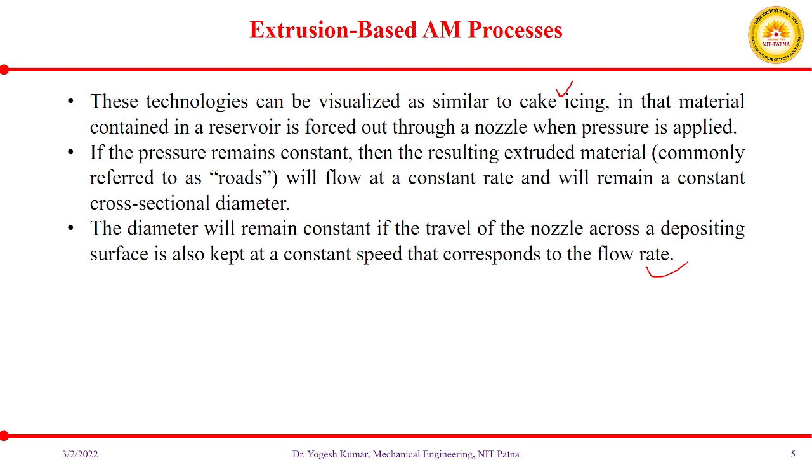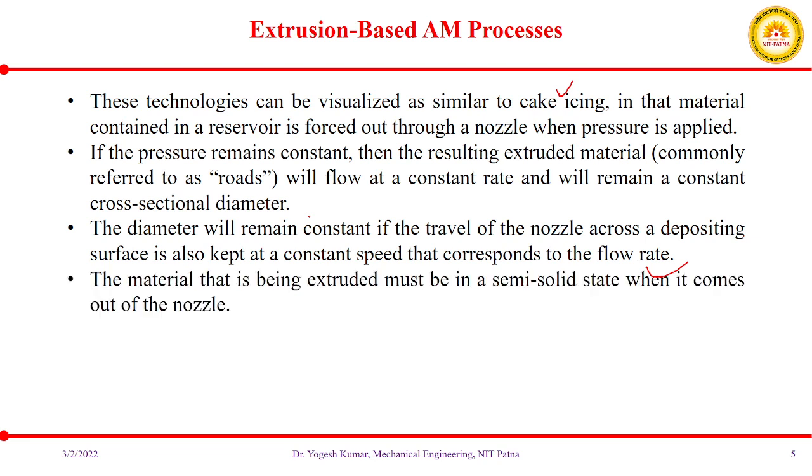If these two speeds are equal, then the diameter of your rod will remain constant, because the material is getting deposited on the platform at the same rate at which it is coming out of your nozzle. This is how the constant diameter of the rods is maintained in additive manufacturing processes.